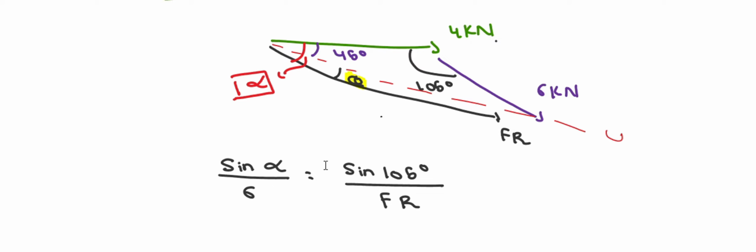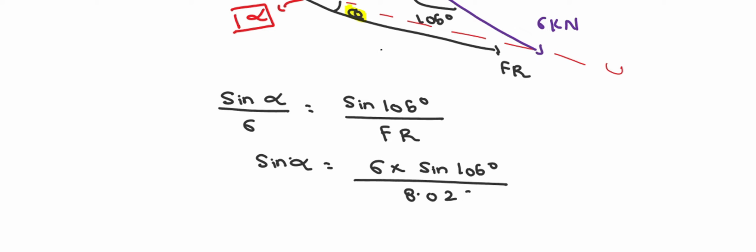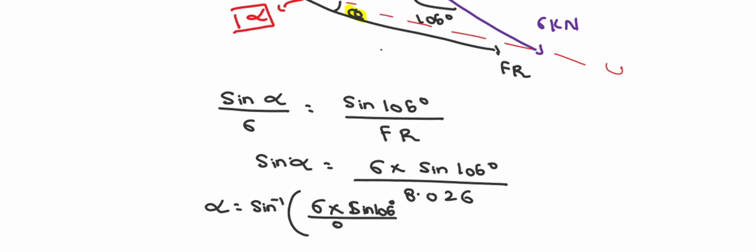Now sine alpha is equal to 6 multiplied by sine 105 degrees upon Fr, and the value of Fr is 8.026. So alpha is equal to sine inverse of 6 multiplied by sine 105 degrees upon 8.026. Grab the calculator, put the values into it and solve it for alpha.